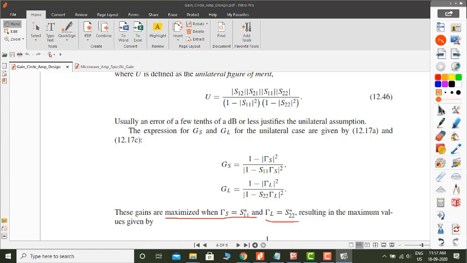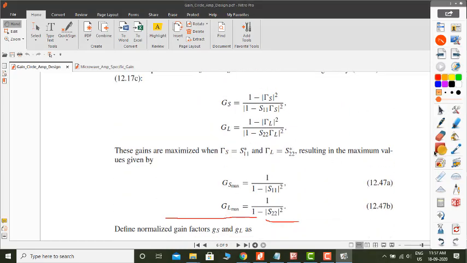So for the maximum case, GS maximum corresponds to gamma S equals S11 star, the complex conjugate of the S11 parameter. If you put S11 star here, we will get 1 minus modulus of S11 star square. Modulus means we take only the amplitude into account.